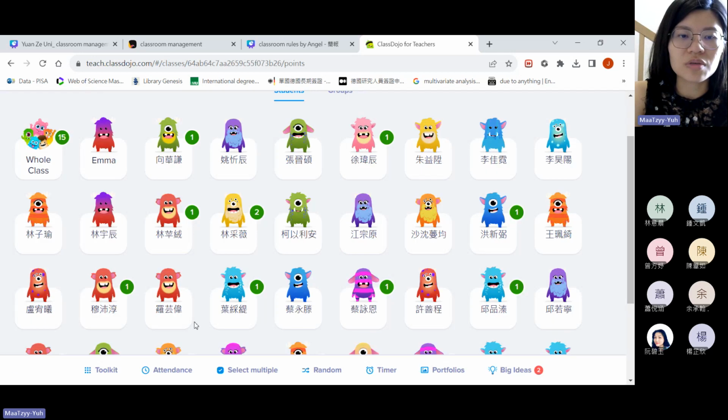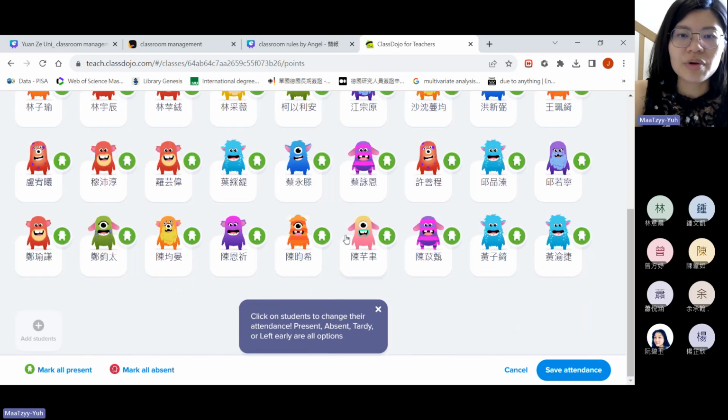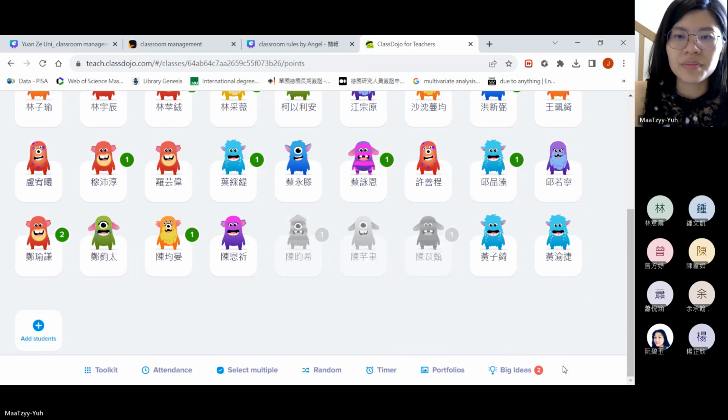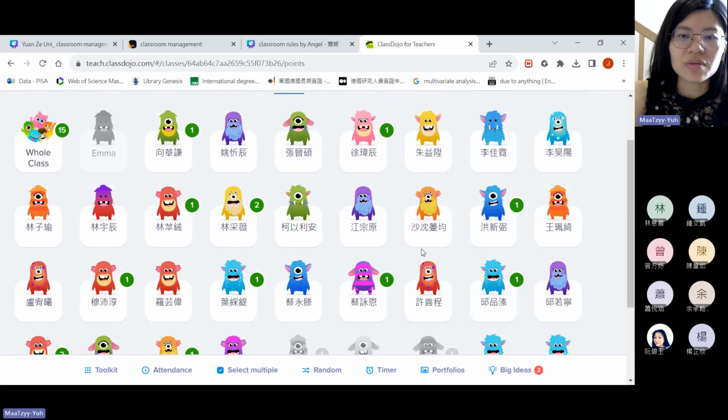You can try these functions yourself, and you can take attendance here. If your students show up, then you can give them extra credits for those who are on time, or those who are missing, and so on and so forth.